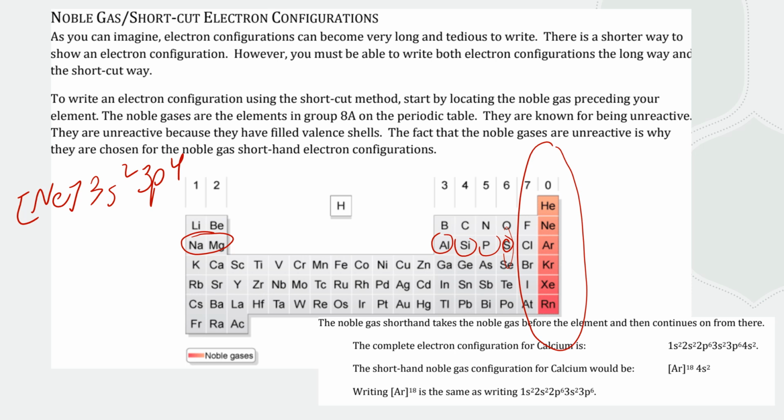They want us to put the number of electrons in neon, which is 10. It's like adding it up. It should equal 16, the number of electrons in sulfur. 16, not 18, my bad.